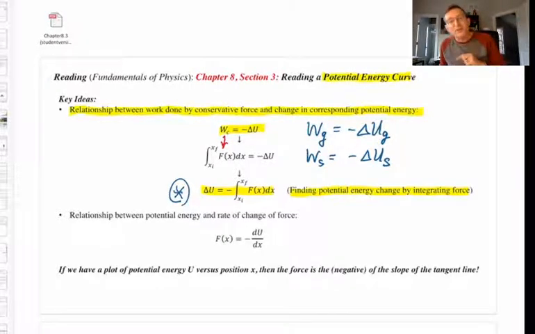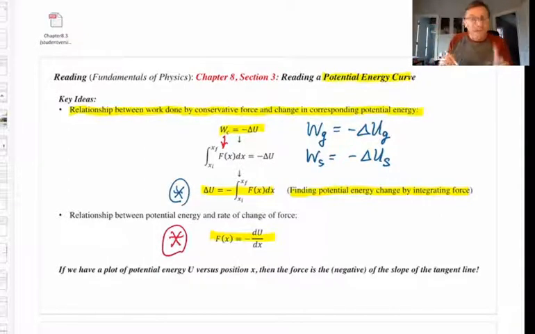If the change in the potential energy is given by the negative integral of the force, then the force is given by the negative derivative of the potential energy.